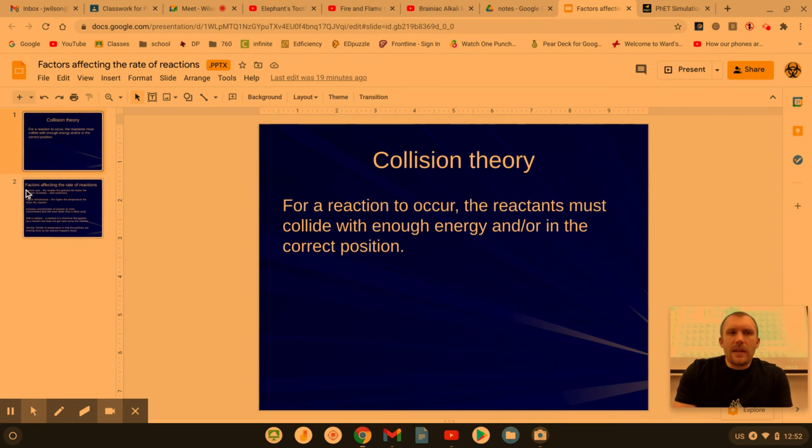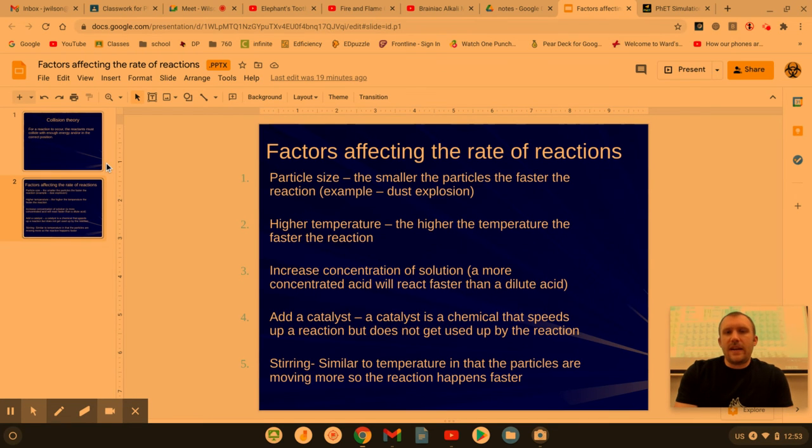So then how can we create a scenario that would increase the likelihood of that happening if we want to increase the reaction rate? Or if we wanted to decrease the reaction rate, how could we lower that? Well, those are our factors affecting rate of reaction. I had all 5 of these factors on our notes last time. This time I'm just going to explain them from the perspective of collision theory and how that works.